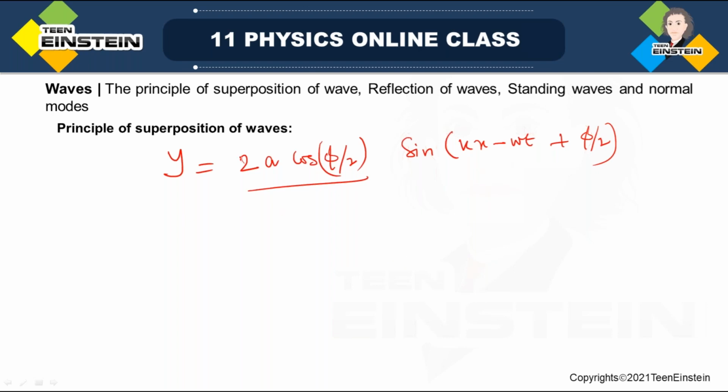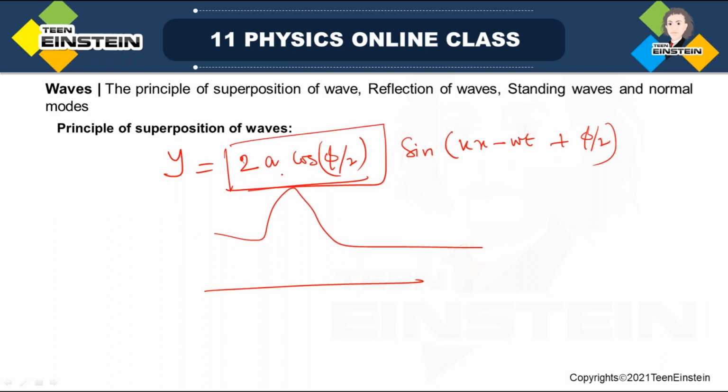Now look, whether the displacement will be maximum or 0: from this amplitude, if the amplitude becomes maximum, then you will get the maximum displacement for the particle after overlap of the waves. If they are overlapping out of phase, then it will be 0.